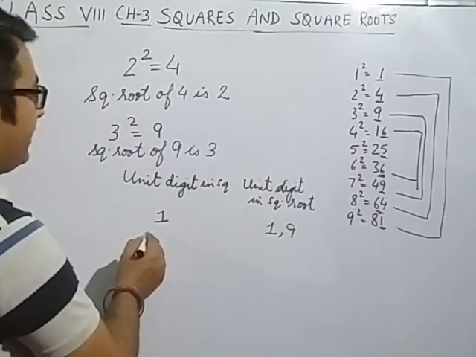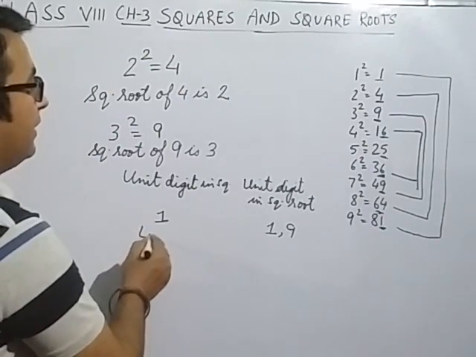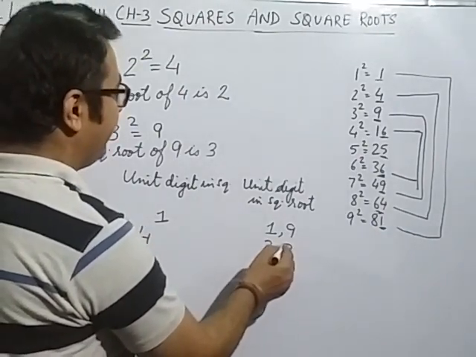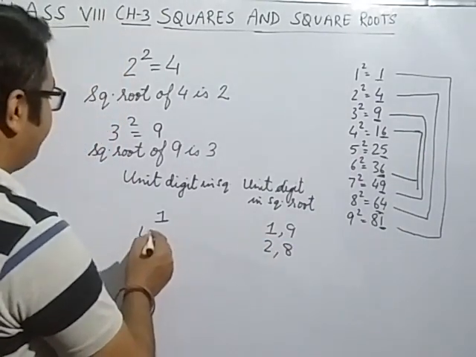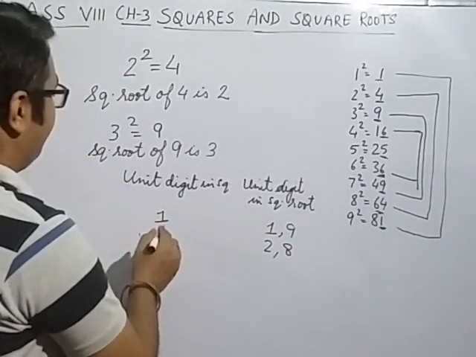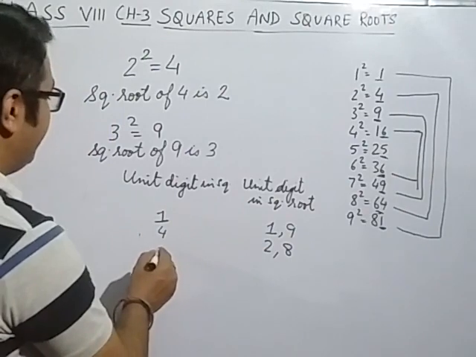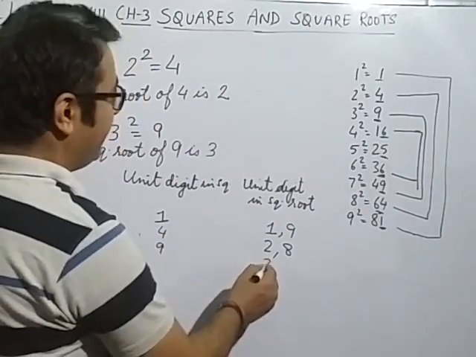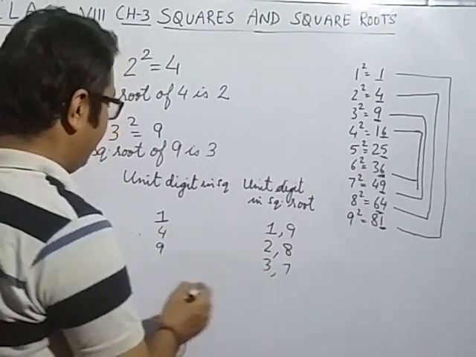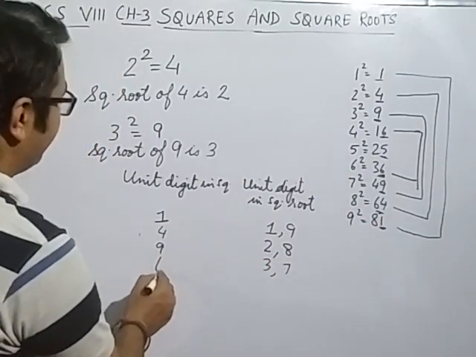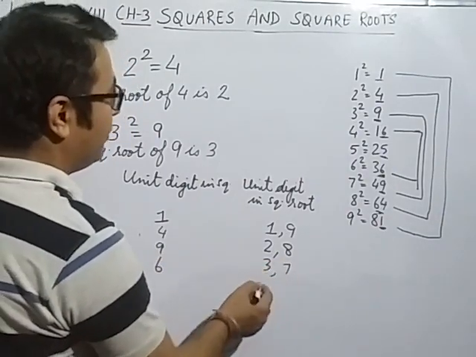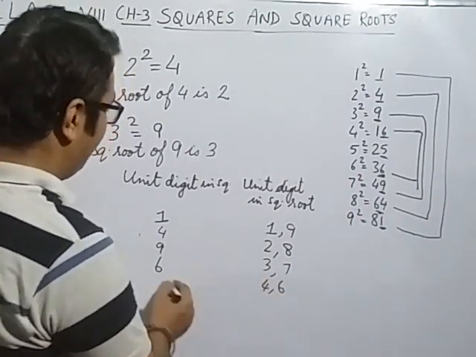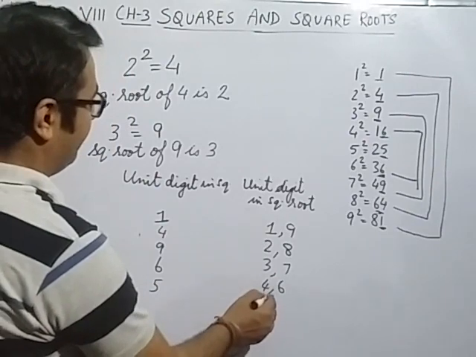If the unit digit in square is 4, then in the square root it will be 2 or 8. If the unit digit is 9 in the squares, then in the square root it will be either 3 or 7. If the unit digit in square is 6, then in the square root it will be either 4 or 6. For 5 it is the same.